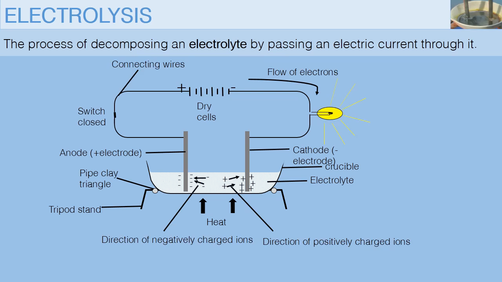Now, when the circuit is closed, the dry cells provide the driving force to move the electrons in one direction. When the electrons move in one direction, the electrolyte will have some changes, which we call decomposition of the electrolyte.